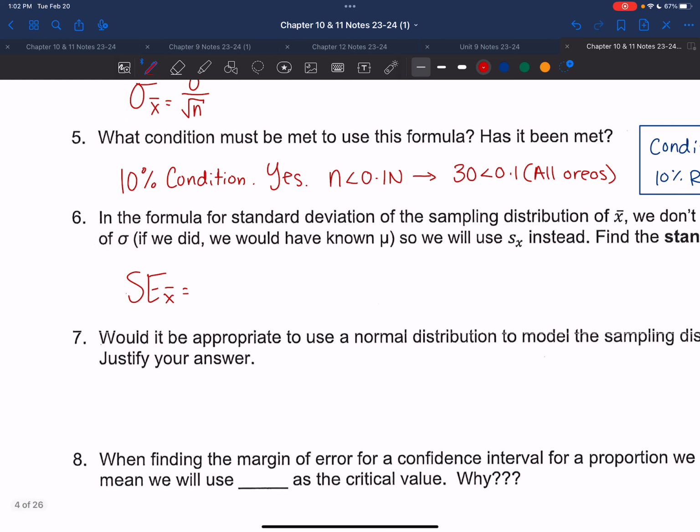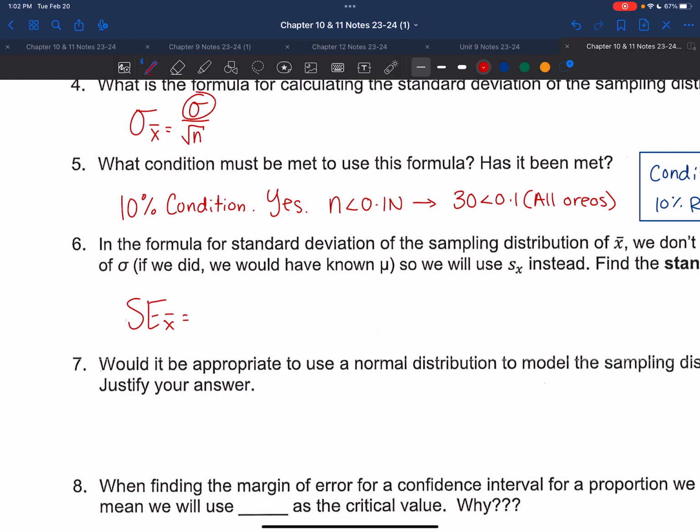Instead of sigma, the standard deviation for the population, we're using S sub x, the standard deviation of the sample. So we've got S sub x over the square root of n. We're going to have 0.0817 over the square root of 30, which gives us 0.0149.